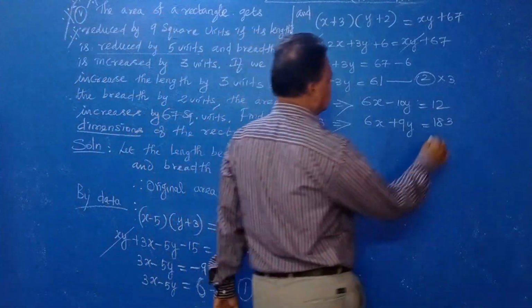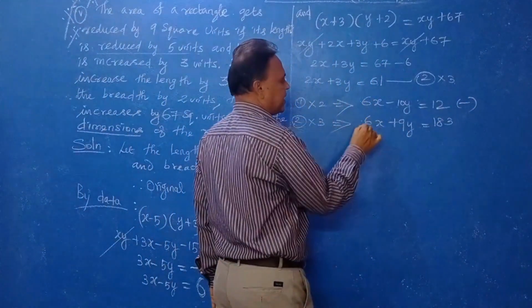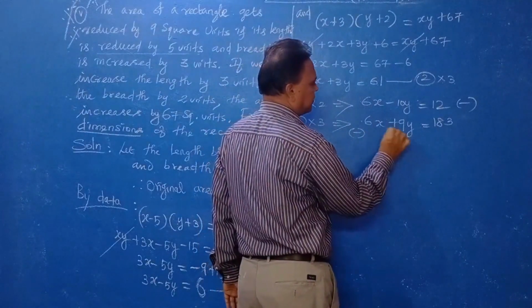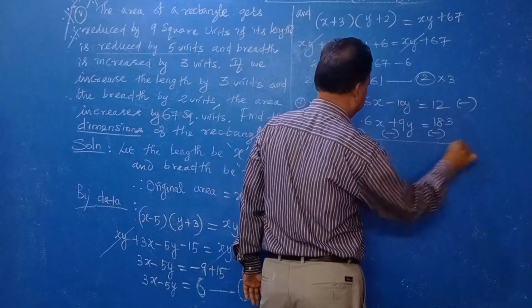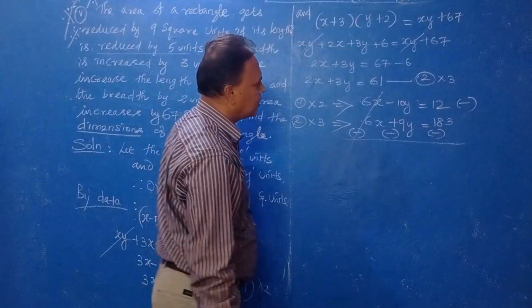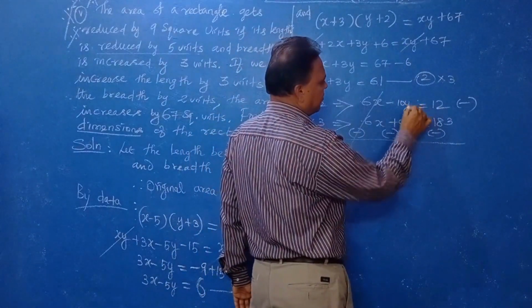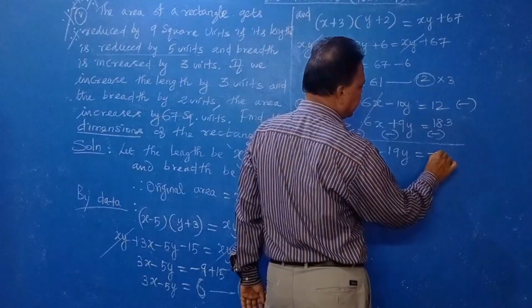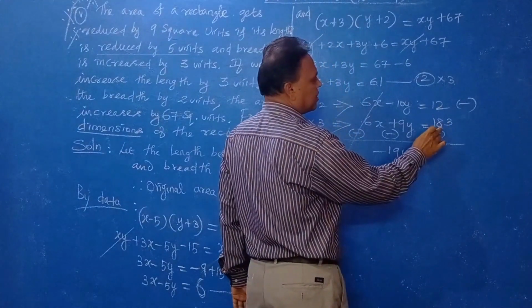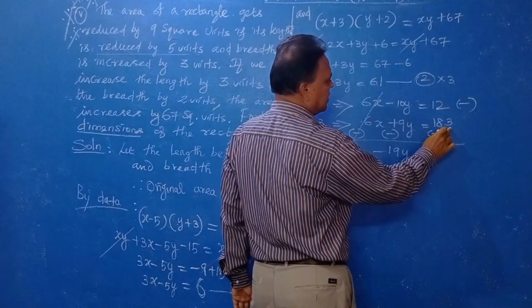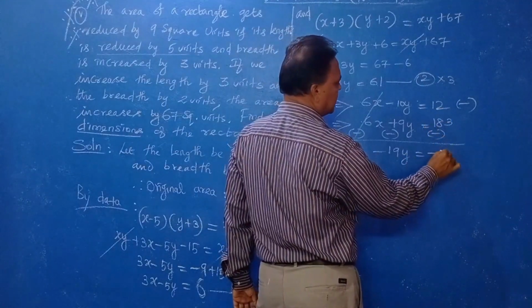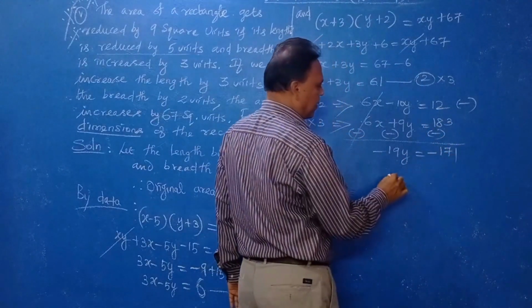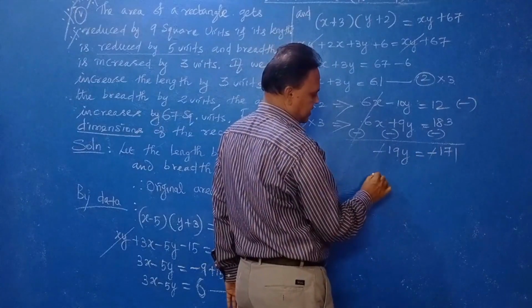Now subtract, because both the signs are same, so subtract. Change the sign. Clear? Here, how much? Minus 10y minus 9y, minus 19y is equal to 12 minus 183, you subtract. Therefore both sides the minus sign cancels.